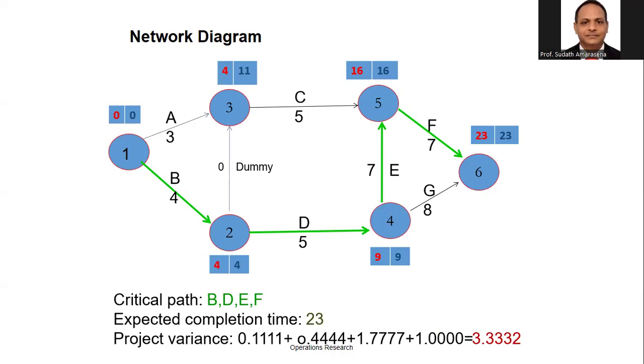You can write this down somewhere, it is very important, because sometimes you calculate all the activity variations, but to identify the probability, we require only the critical path. Here you can see the critical path B, D, E, F. Expected completion time, or the entire project completion time, is 23 days. Project variation 3.33.